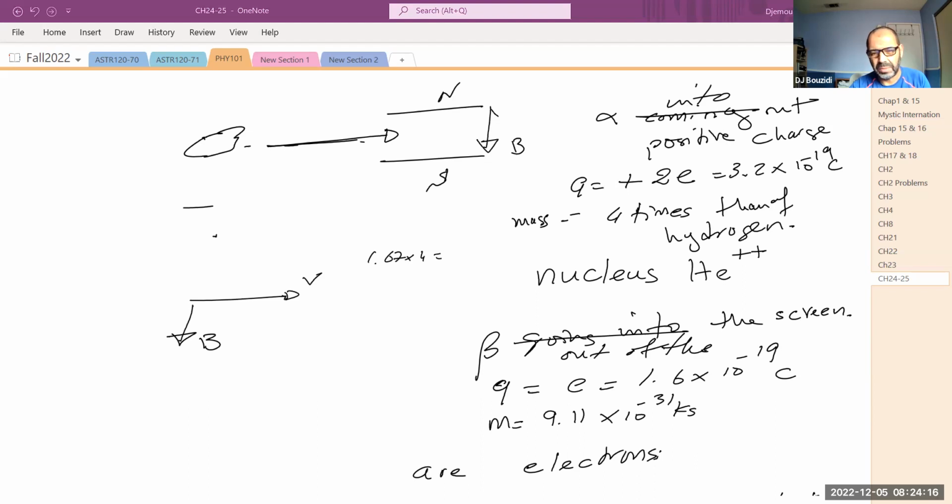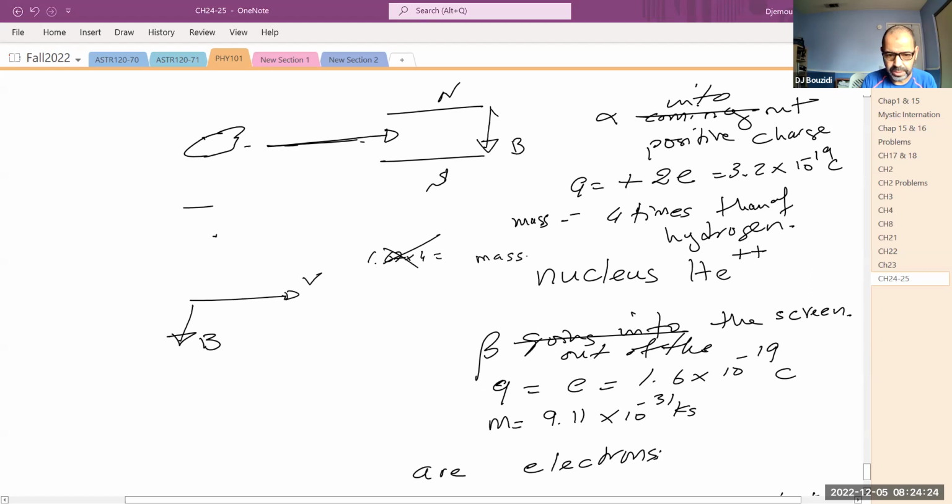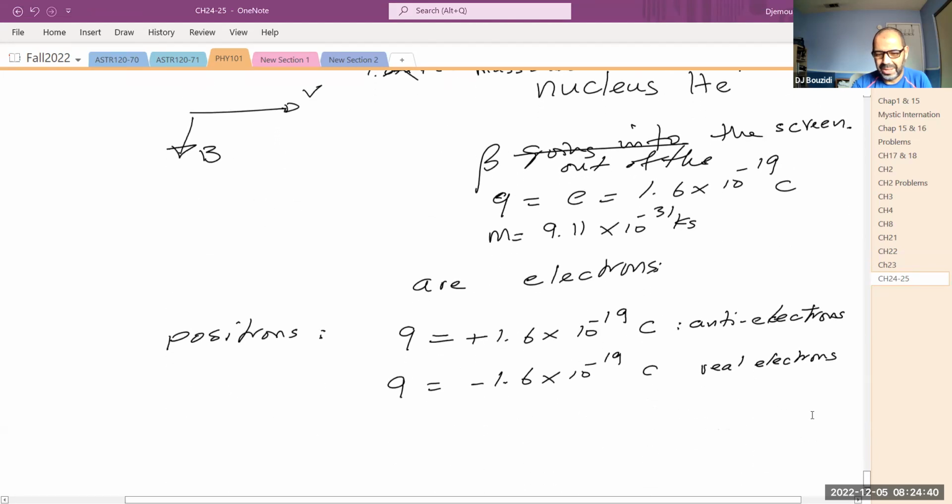So the mass of the alpha particle is 6.68 times 10 to the negative 27. Obviously, that is at least 10,000 times bigger than the beta particle's, okay?